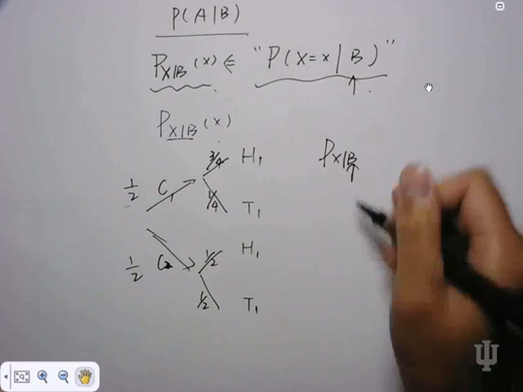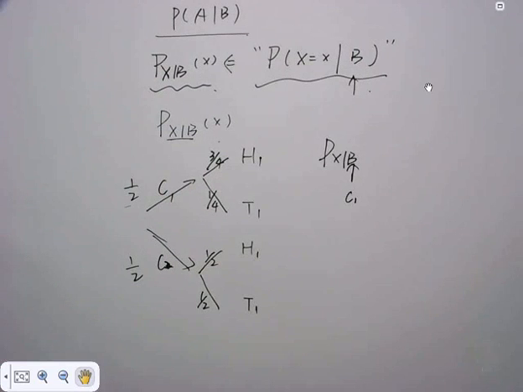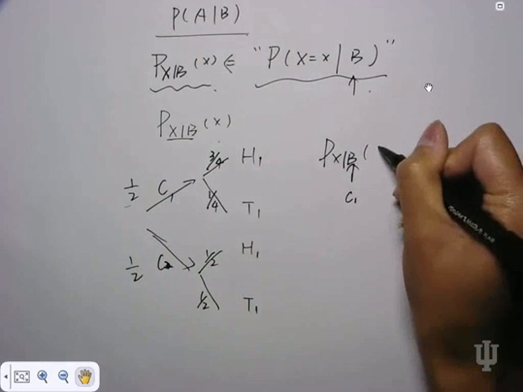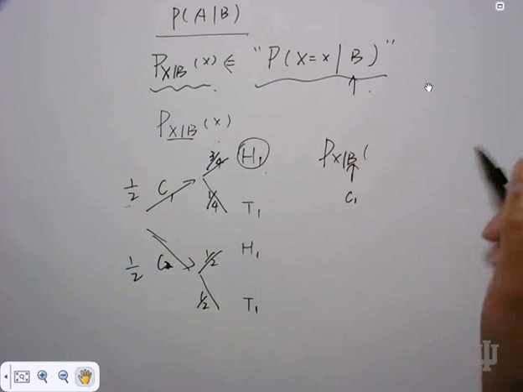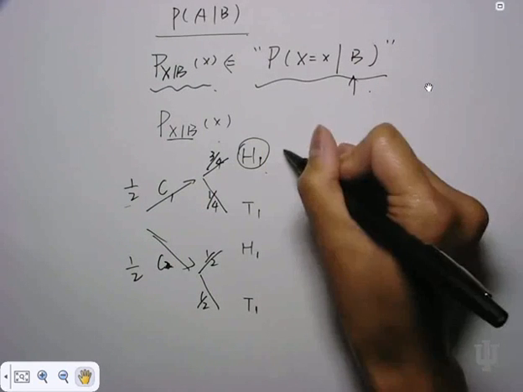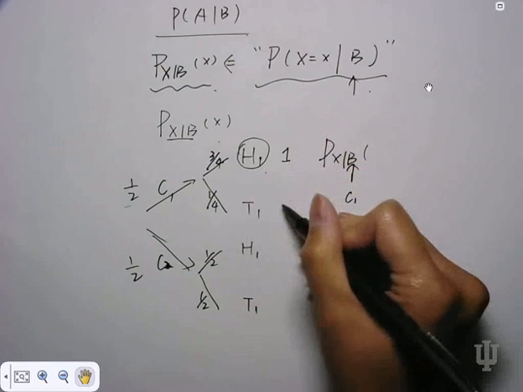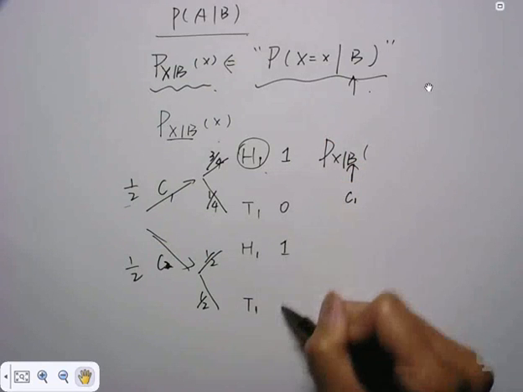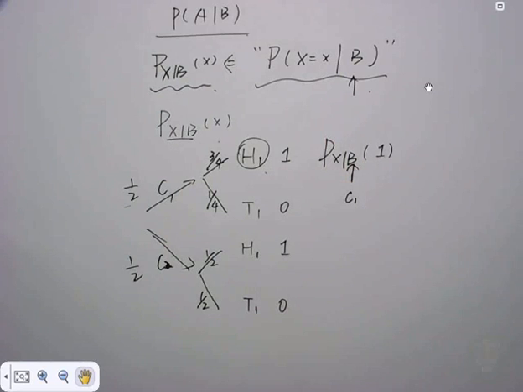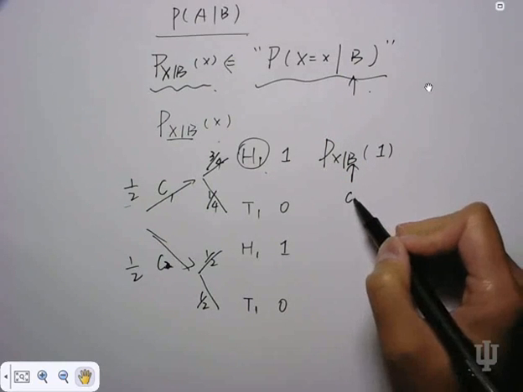If my condition is using the first coin, what's the probability of getting a head? If I mark head as 1, tail as 0, little x equals 1, and my condition B is using C1.